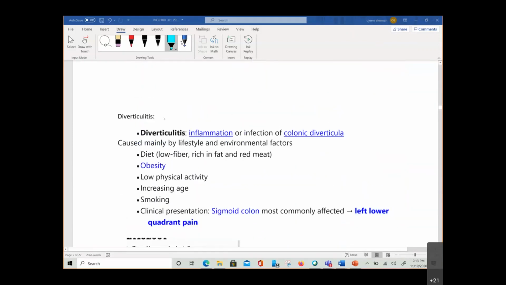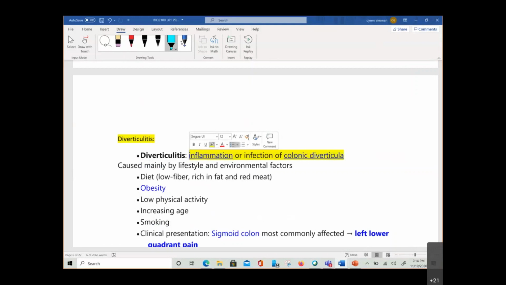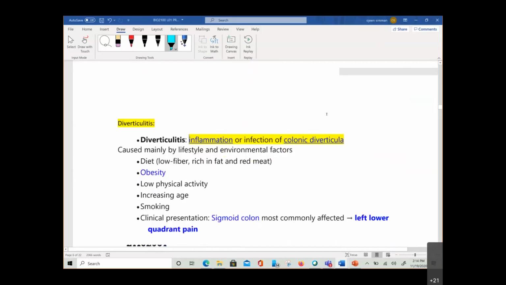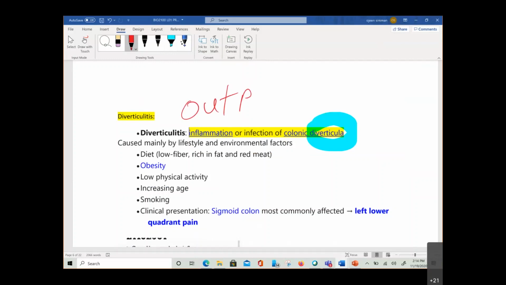Okay. Diverticulitis. This is basically inflammation or infection of the colonic diverticula. Diverticula are outpouchings in the colon that get infected, leading to diverticulitis.